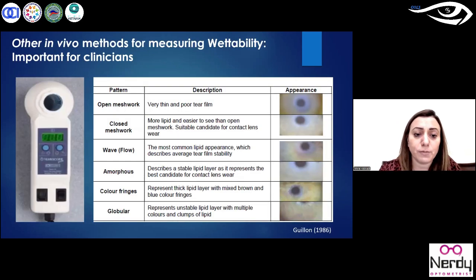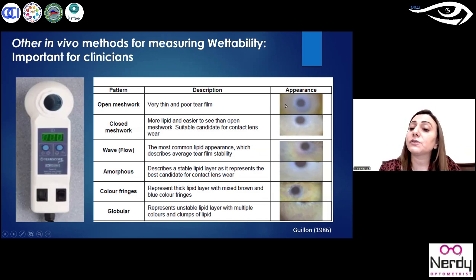We have this instrument. It was used a lot, and then it was discontinued, and now I see it again in the market. It is available. It's called the Tearscope Plus. The Tearscope is great because I actually used it with the contact angle measurement.